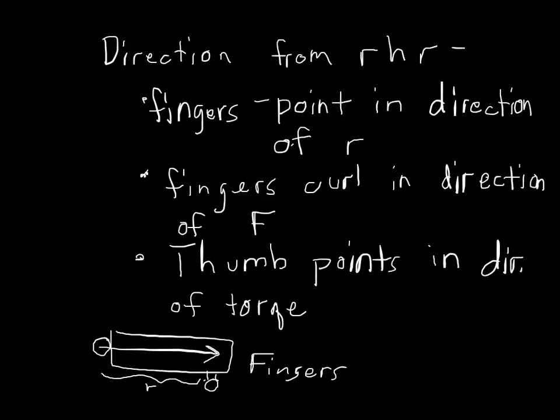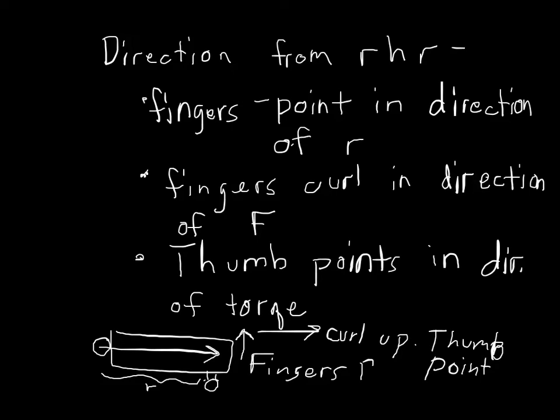And then the force that I apply to open the door is going to be pointed up. So my fingers are going to curl up. And my thumb, in this case, points out. And we'll need to practice with this in person. It's very hard to draw on an iPad screen.